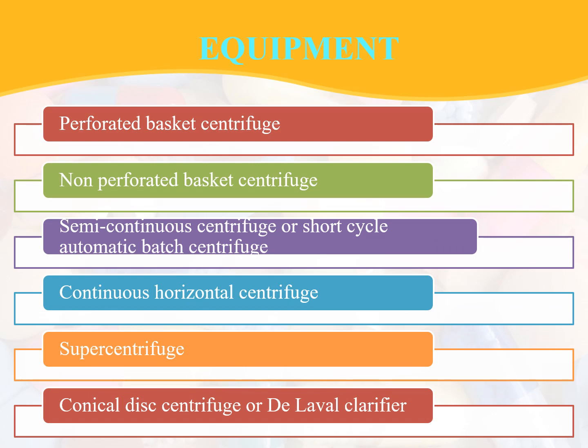Coming to the equipment, the various types of centrifuges are perforated basket centrifuge, non-perforated basket centrifuge, semi-continuous or short cycle automatic batch centrifuge, continuous horizontal centrifuge, super centrifuge, and conical disc centrifuge or De Laval clarifier. We will discuss each of these in detail in the next session.